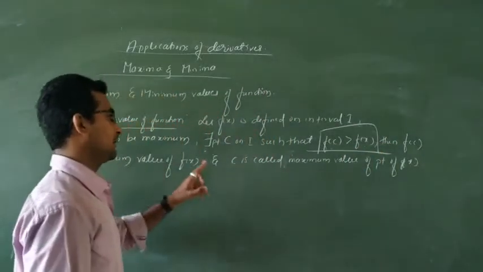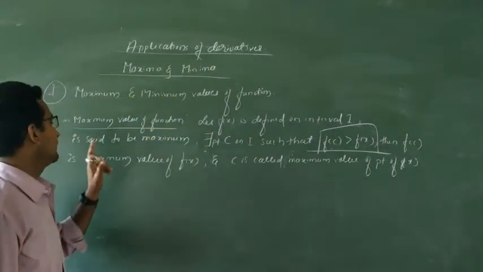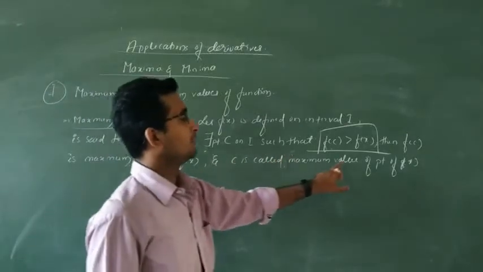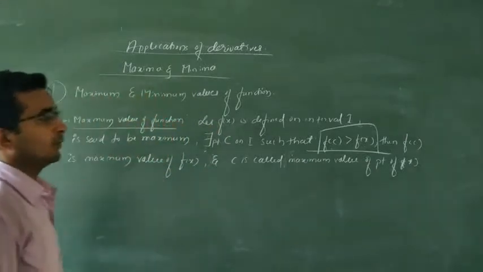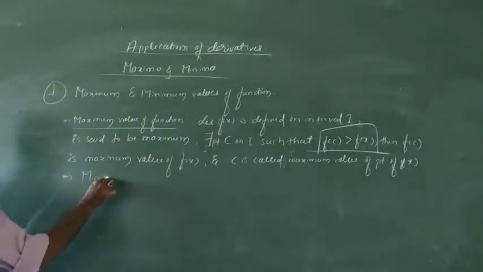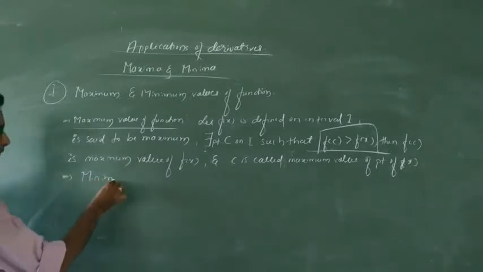Then f of c is the maximum value of f of x, and c is called the maximum value point of f of x. The next one is about the minimum value of a function.